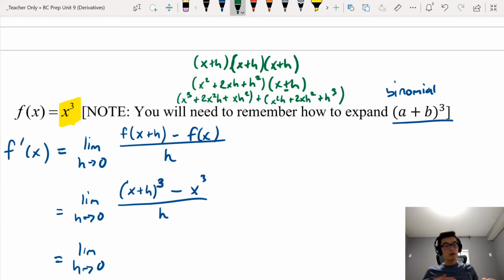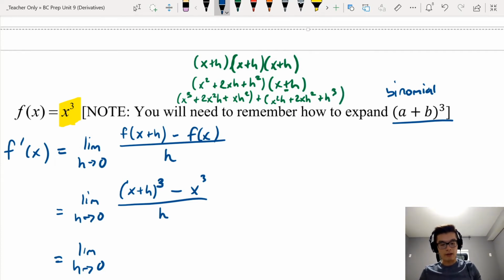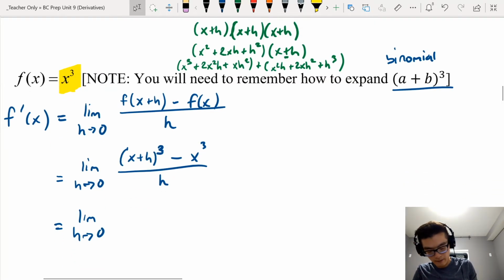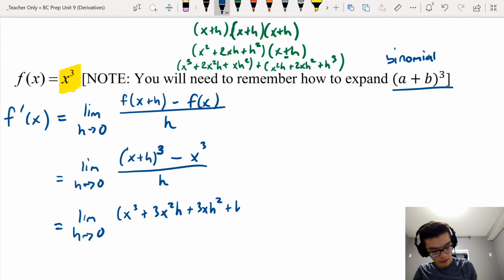I'm not going to proceed from here in terms of simplifying this out, because you can just look at which terms combine together. Here is what you end up getting: x cubed plus 3x squared h plus 3xh squared plus h cubed, and then bring the rest of the original back from the limit, and we're left with this.